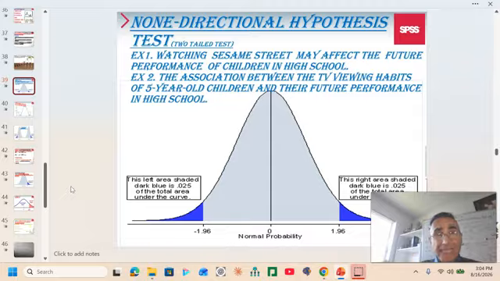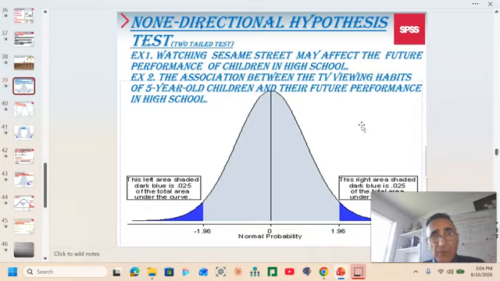But if you don't say it, like this one, it says watching Sesame Street may affect future performance of children in high school, or consumption of sugar may affect the hyperactivity. You're not saying increase or decrease. This is good. It's always best to have a non-directional hypothesis, but in reality, it doesn't matter.